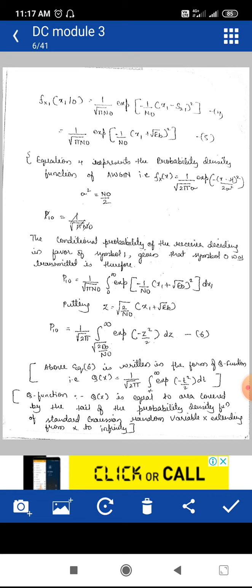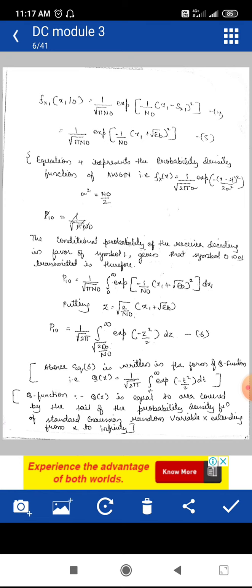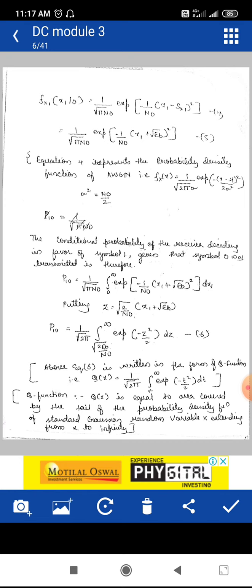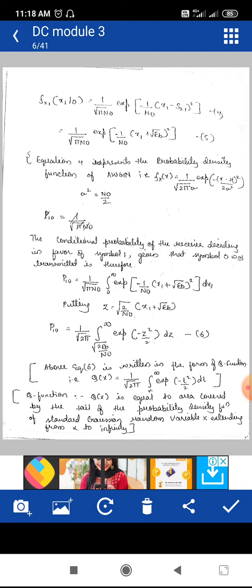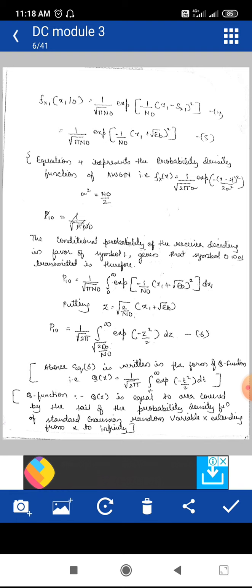Why have we changed the above equation into equation number 6? Because whenever we have a Gaussian process, a Gaussian distribution, it can be represented in the form of the Q function. The simplification is done in the form of the Q function because the Q function gives the area of the tail of the Gaussian random variable.